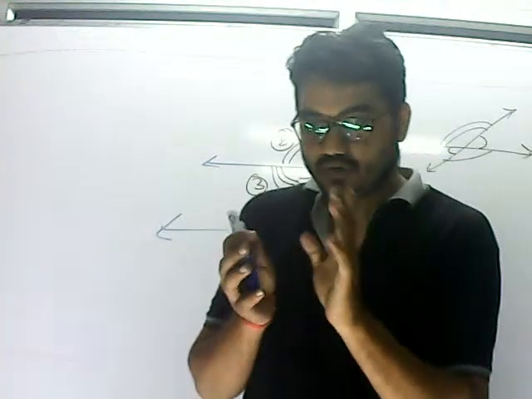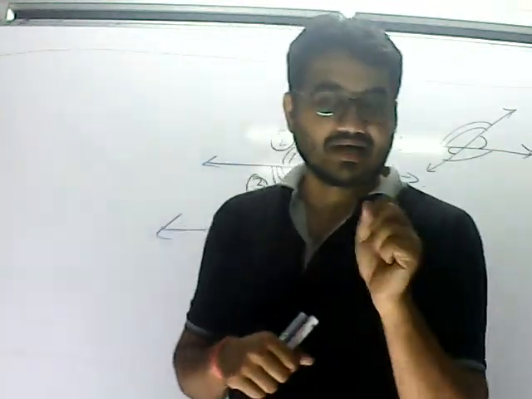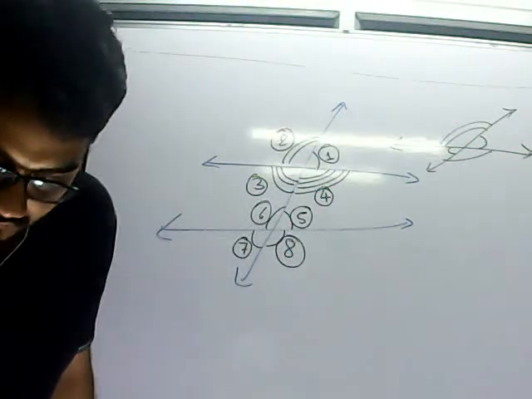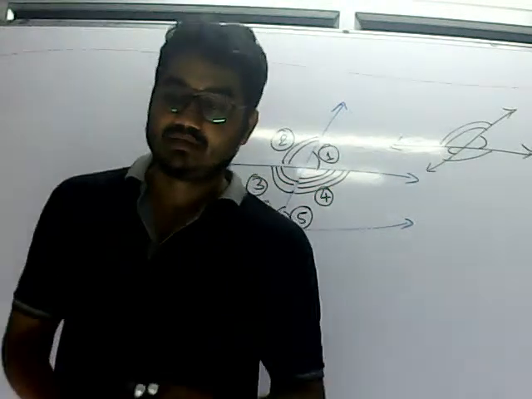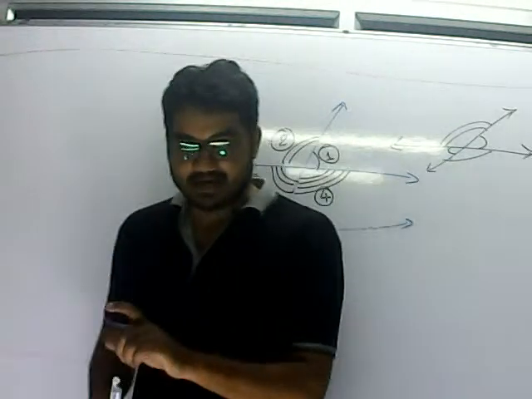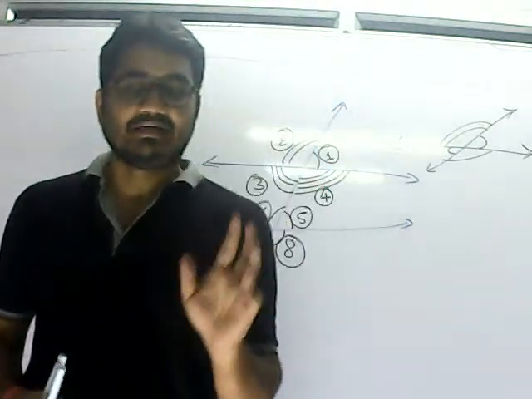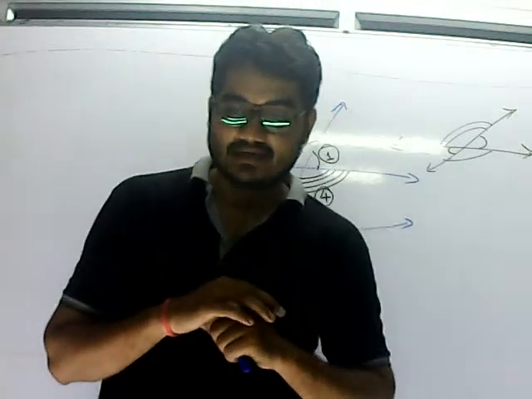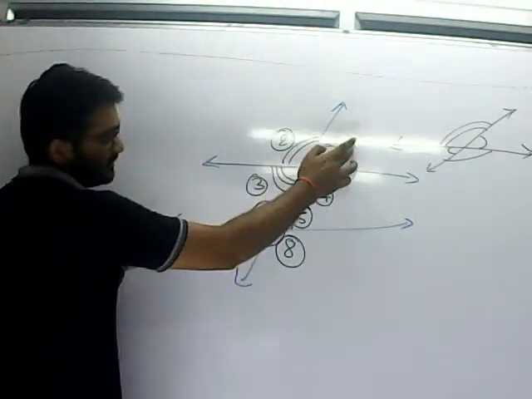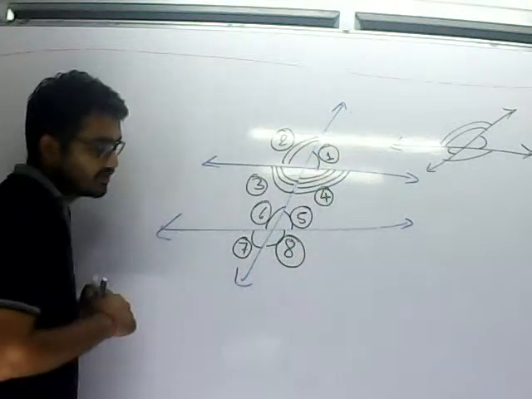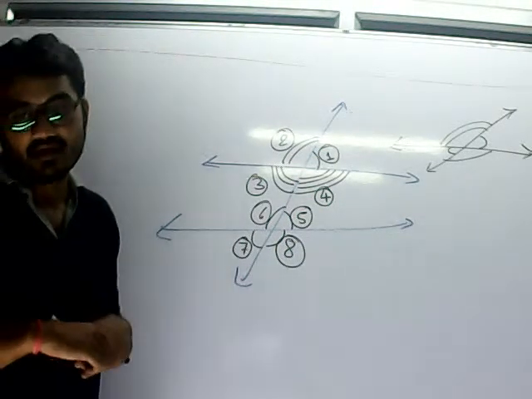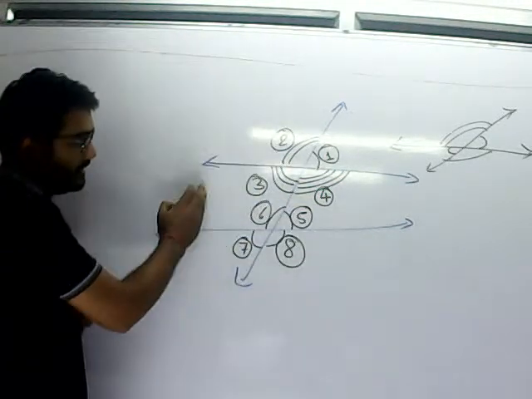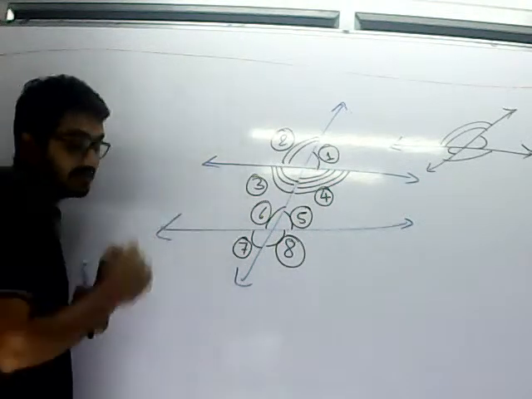Okay, so the names are corresponding angles, alternate interior angles, alternate exterior angles, and interior angles on the same side of the transversal. Okay, so which will be corresponding angles? First and fifth. First and fifth, these two are corresponding angles. After that, which two will be corresponding angles? Fourth and eighth, these two will be corresponding angles. Similarly here 2 and 6, 3 and 7.